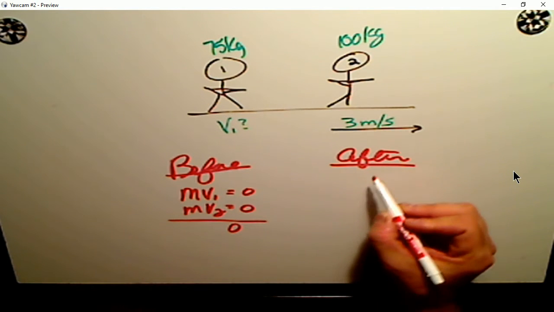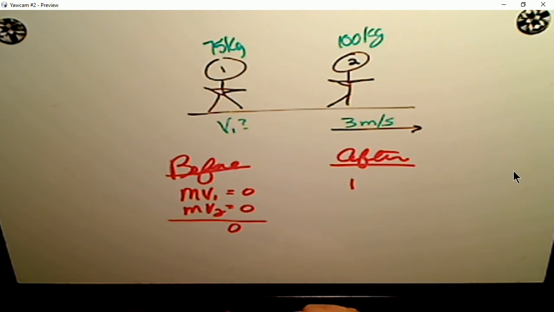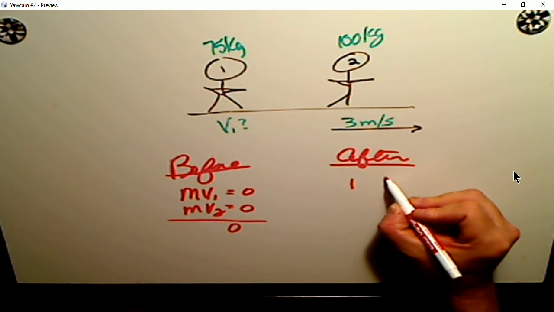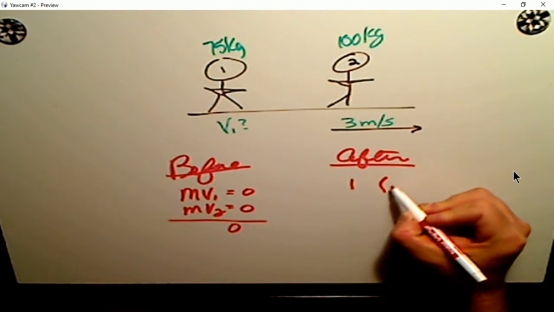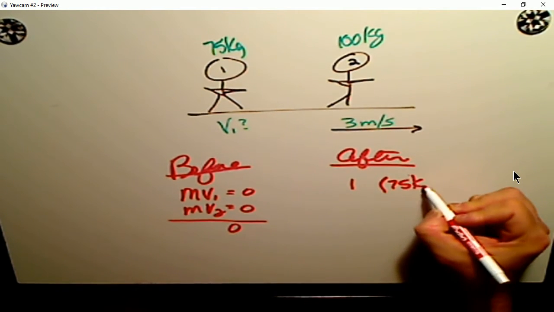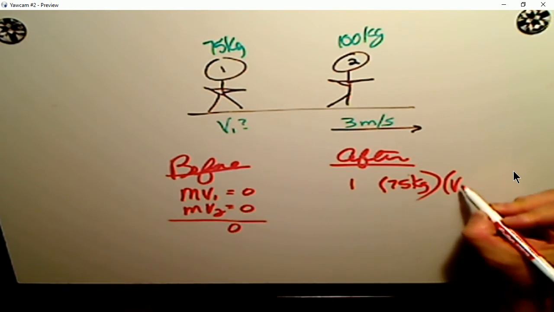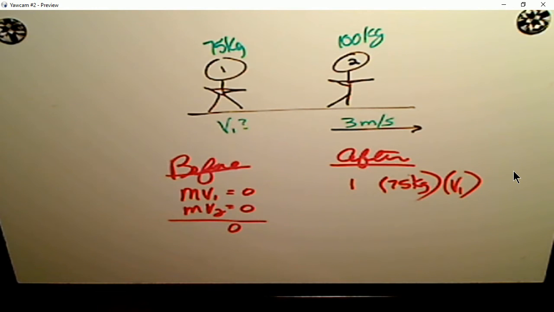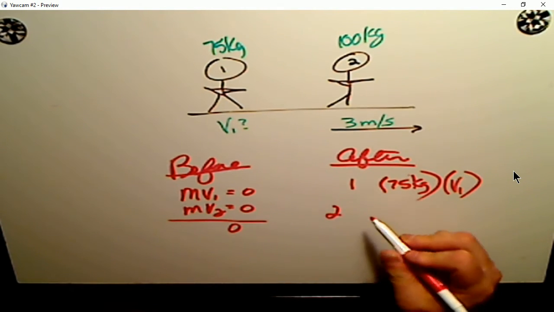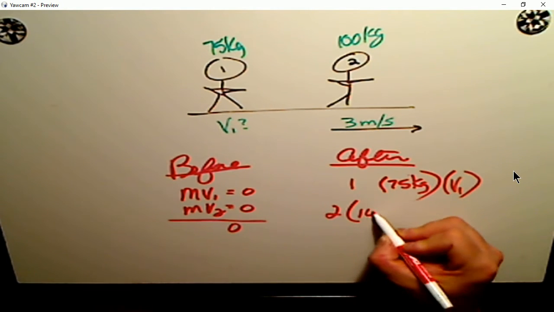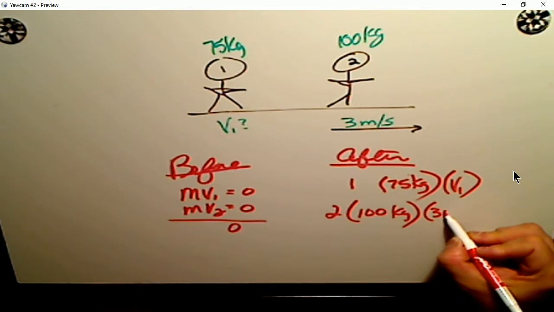After, for number one, p equals mv, the mass 75 kilograms. The velocity, we don't know yet. For number two, we have the mass and we have the velocity.